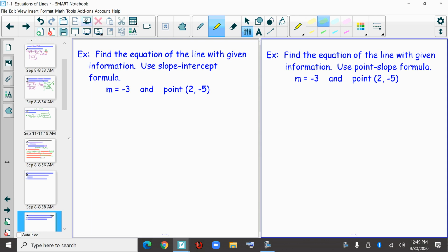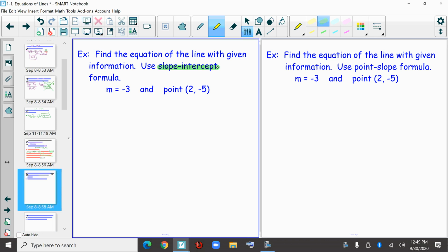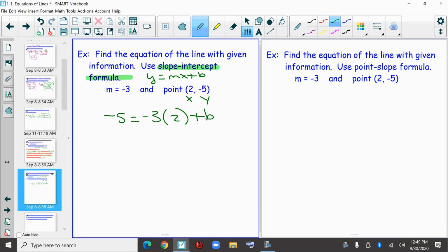As you can tell in these two next examples, they're exactly the same, 100% the same problem. But the first one says to do it in the slope-intercept formula, which means you are using y equals mx plus b, which means you are labeling your point x and y. So y is negative 5, m is negative 3, x is 2 plus b.